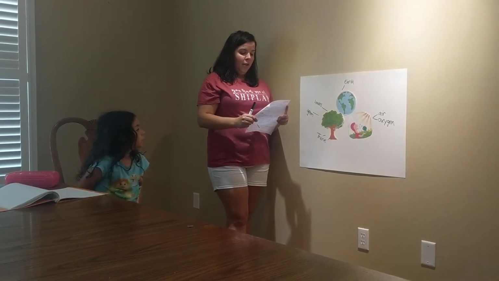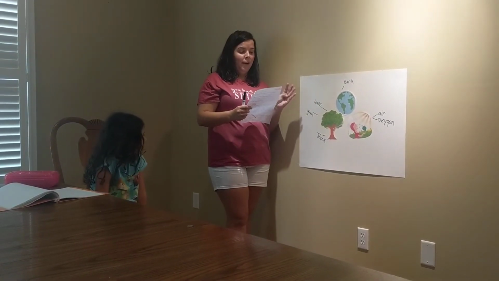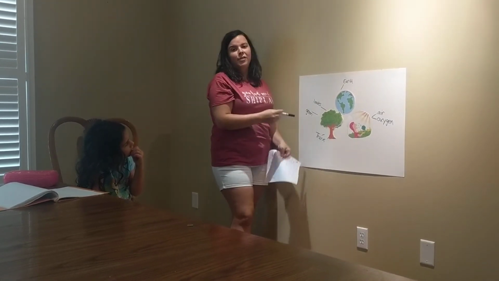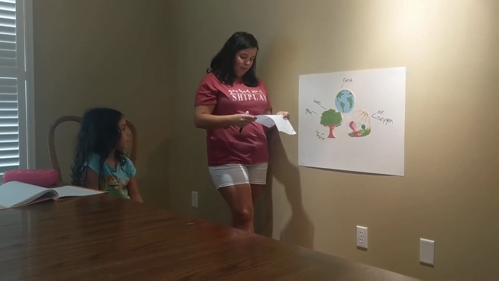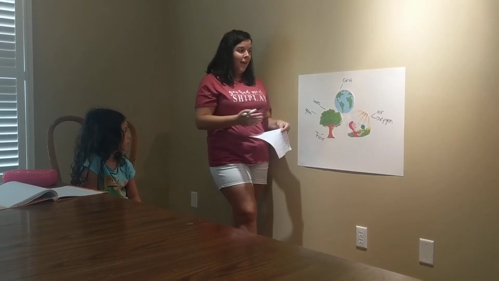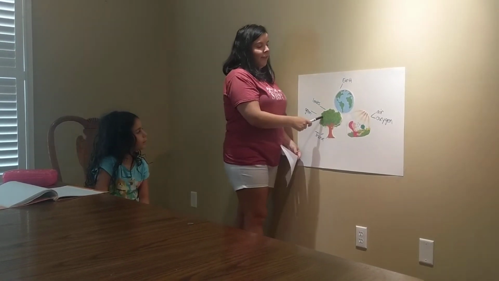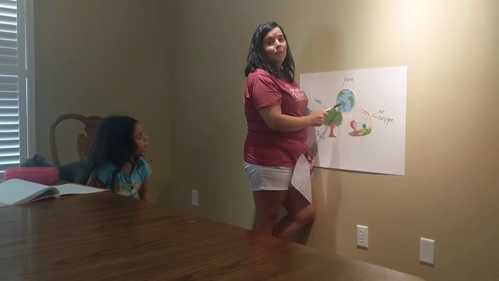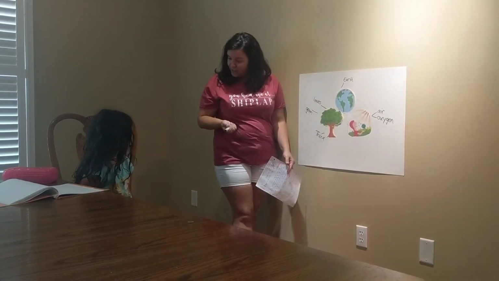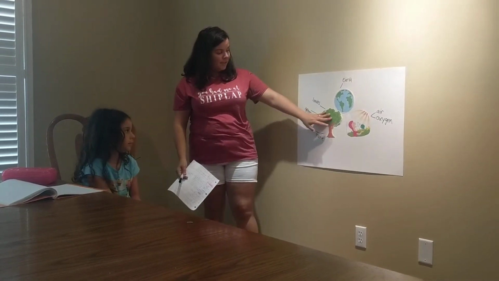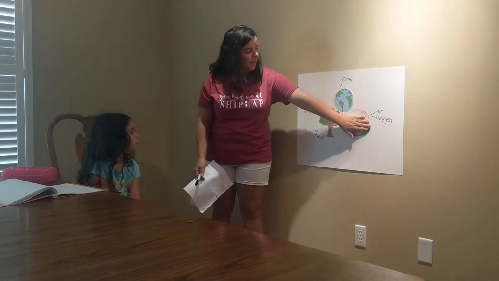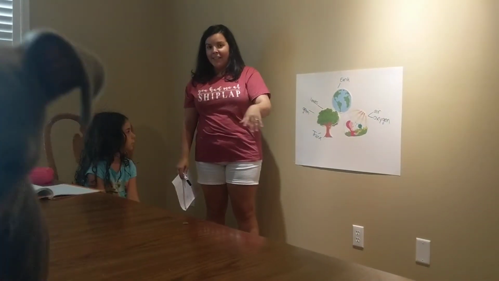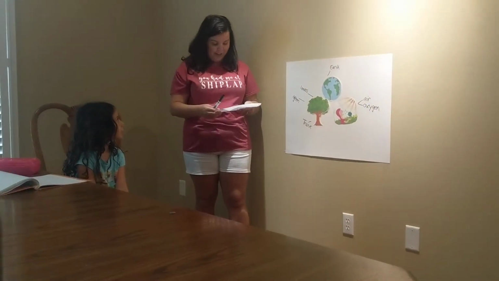Connection would be, once we have a good amount of words in here, which I think we do, I would talk about the ideas like leaves give off oxygen, which helps all the people on this planet Earth be able to breathe. Does that make sense? The trees make the oxygen, and we all need it to be able to breathe. Animals need it, everybody needs it.